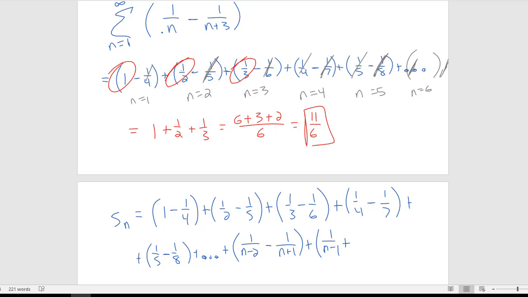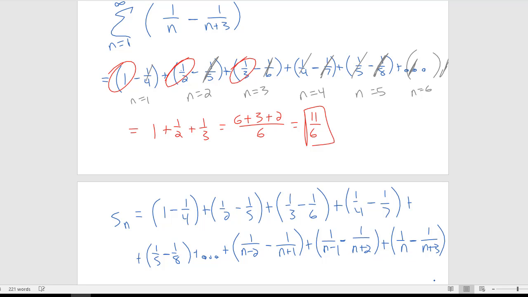So here's n minus 1, and then n minus 1 plus 3 is n plus 2. And then my nth term. Oops, these are minuses. Let me come back and change that. I'm going to fix that with my digital eraser. This was a subtraction, and this was a subtraction. Okay, so here is my nth partial sum.